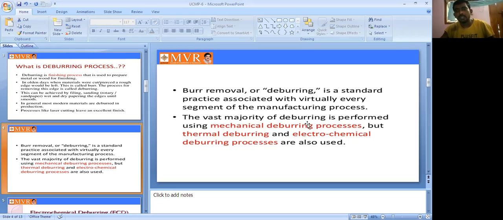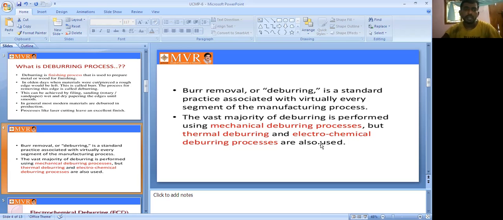The majority of deburring is performed using the mechanical deburring process, but thermal deburring and electrochemical deburring processes can also be used. So we have different kinds of deburring processes: first mechanical, thermal, and electrochemical. These operations can be used for any kind of production system.